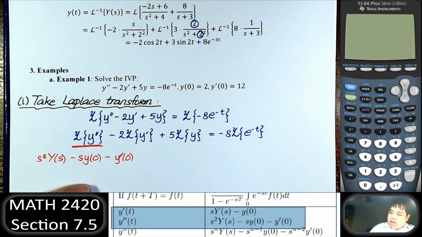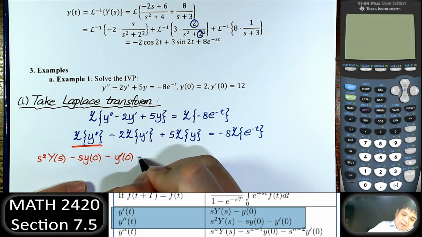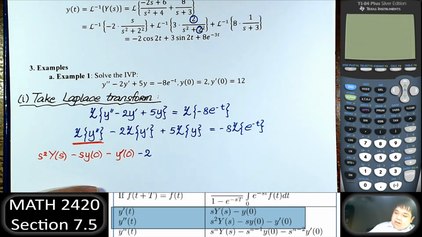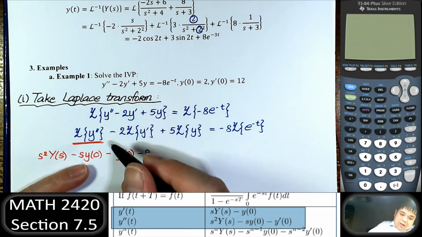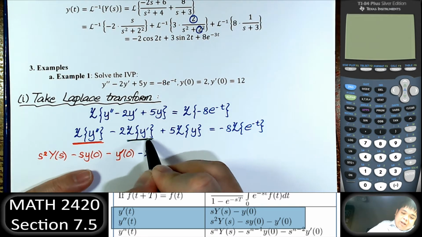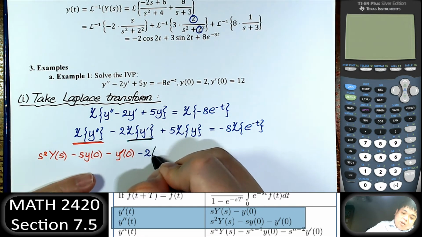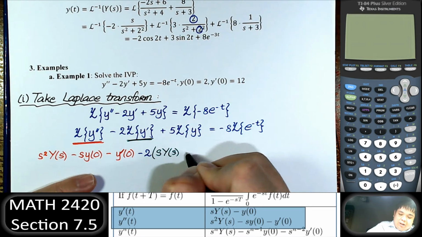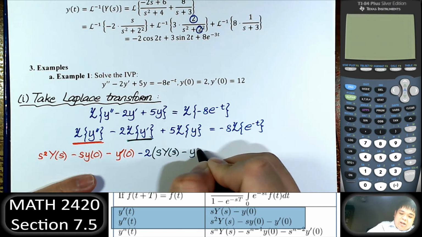Right. And then we have minus 2. Now transform of the derivative. This is the first order. So we'll have s y of s minus y 0.